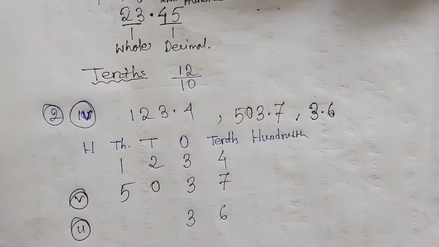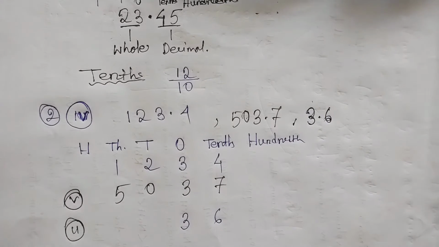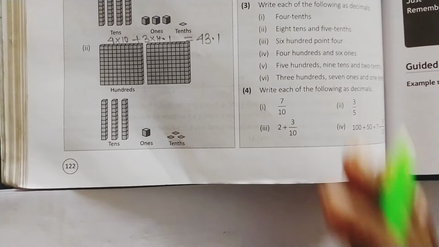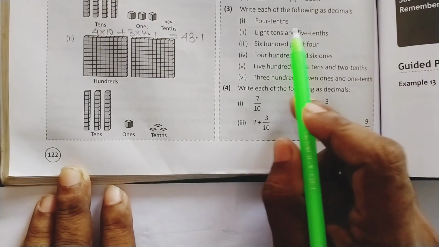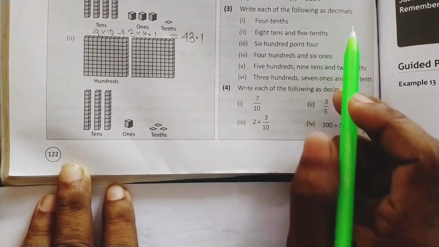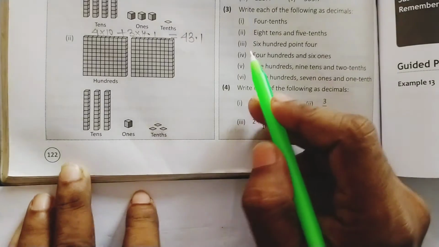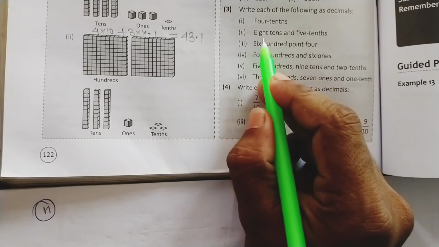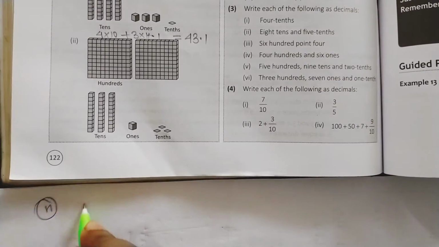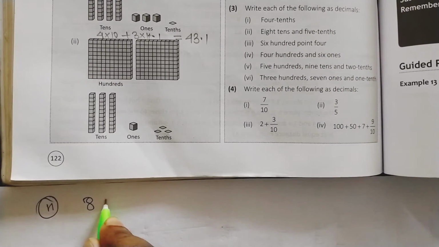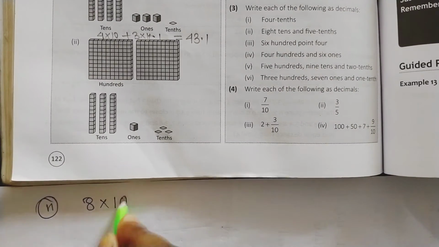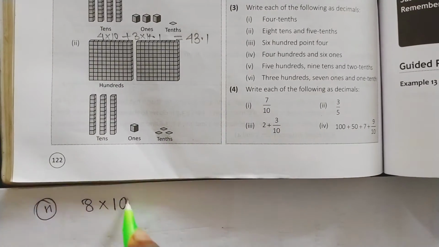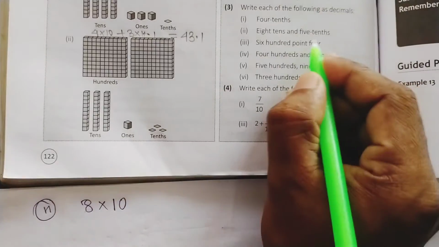Now just try to solve question number 3. Here is the question. Write each of the following as a decimal. 8 tens, that means 8 into 10, and 5 tenths.